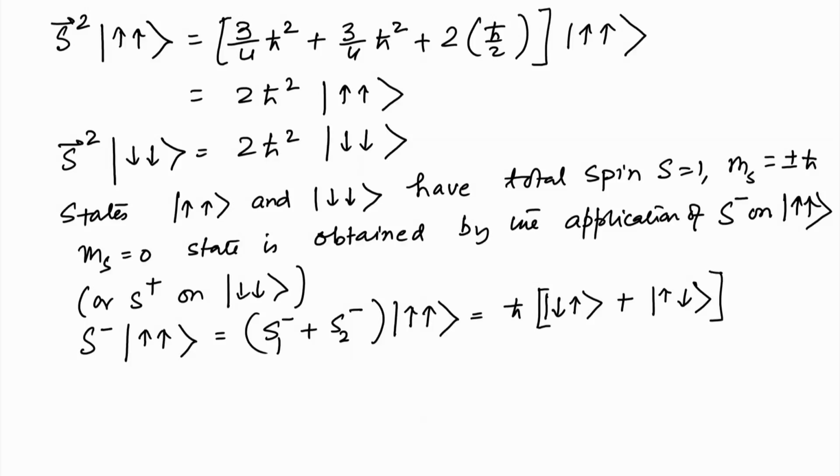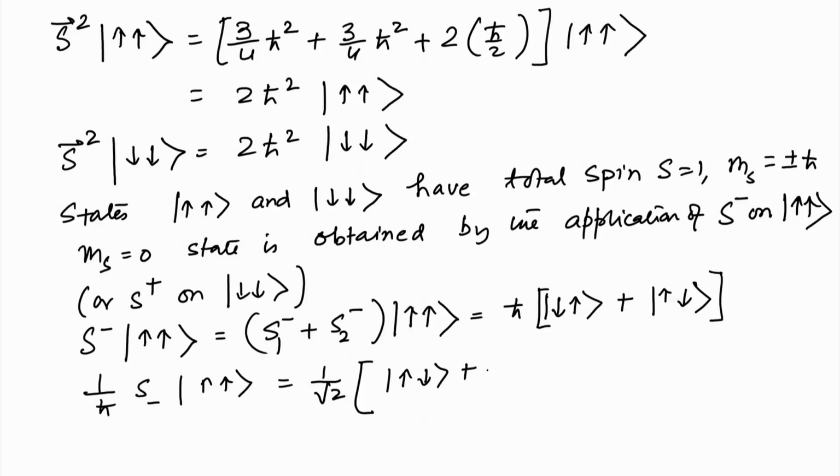And so, 1 over ħ S minus on up is nothing but 1 by root 2, which comes as a normalization factor, up down plus down up.